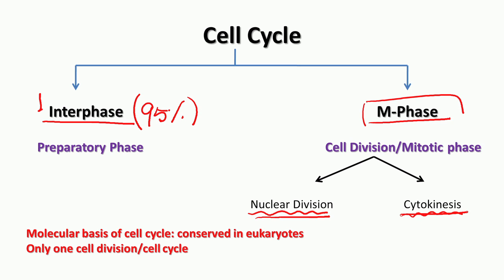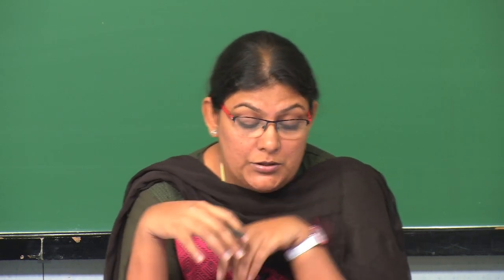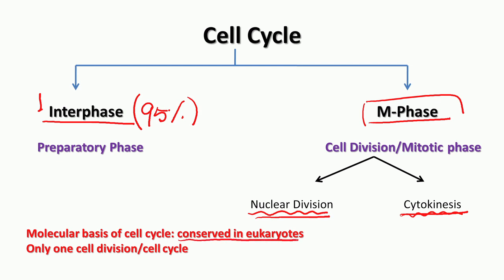Now, one thing which is intriguing and rather surprising is that if you were to look at the molecular players which govern interphase, mitotic phase and DNA replication, you find that they are highly conserved in eukaryotes. The second thing is, in every cell cycle, the cell undergoes division of the genetic material only once.